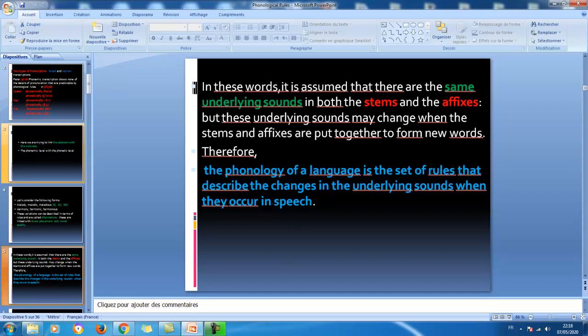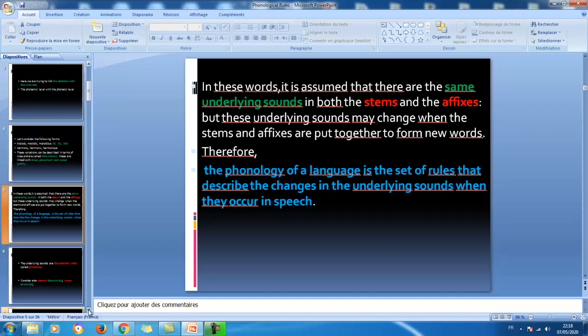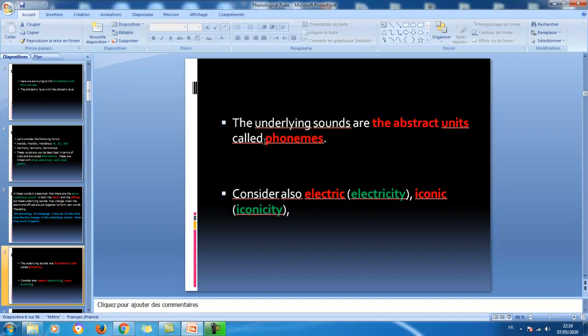Okay, so this is what we explained before. There is a link between the abstract and the concrete. So the underlying sounds are the abstract units called phonemes, and their realizations or allophones are the concrete, if you like, occurrences of the phonemes in some phonetic environments.